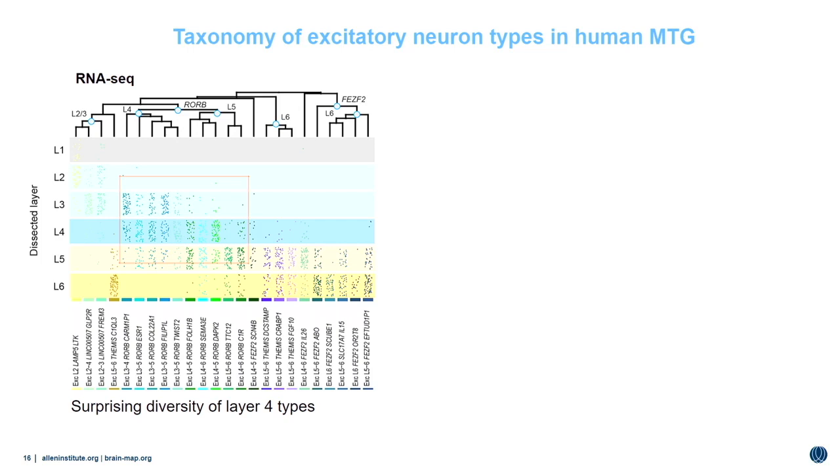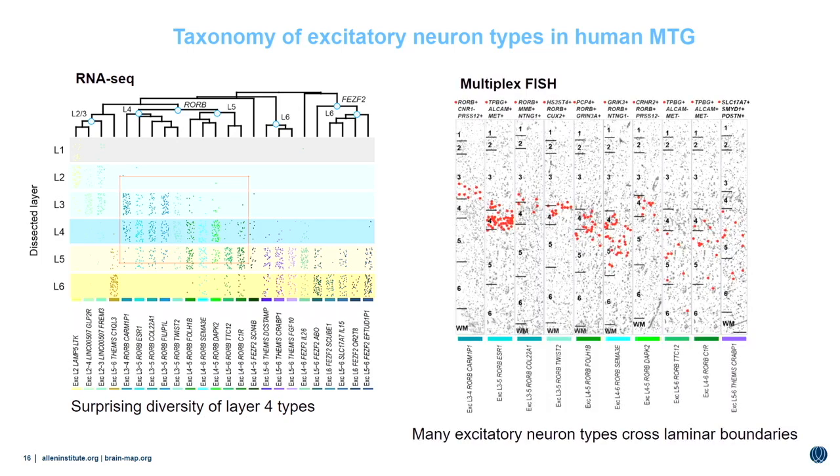To look at this in a little more detail, we actually went and did multiplex fluorescent in situ hybridization for 10 different clusters that we defined transcriptomically. This is now looking at tissue sections where each of these images is a DAPI-stained column of cortex, and the red dots represent cells that are positive for a specific cluster-specific gene panel.